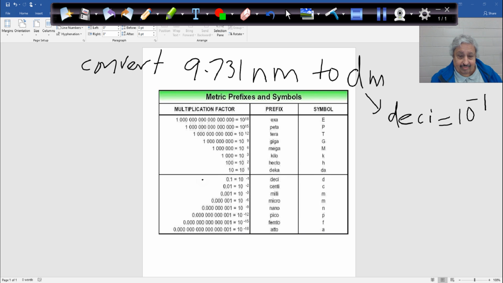It's here. 10 minus 1. And nano, 10 minus, nano is from the Greek and it is 9. Nano means 9. So this is correct. 10 minus 9. Now we are going from 10 minus 9 to 10 minus 1.